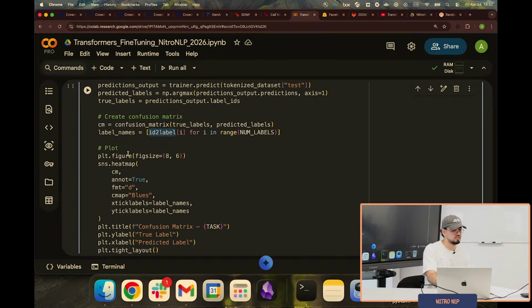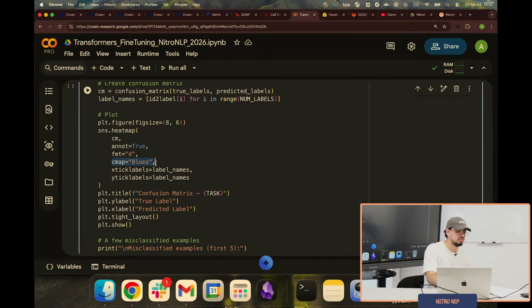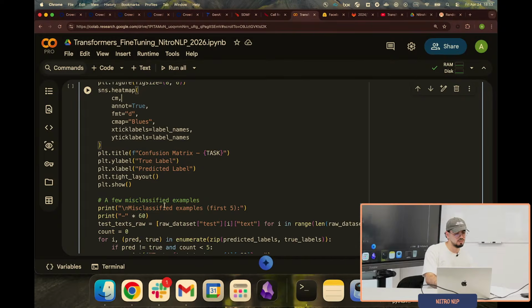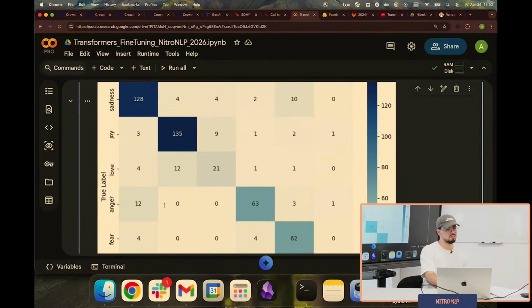We can plot the confusion matrix using Seaborn. Basically it's a heat map of the confusion matrix in a blue tone, and on the X axis we're going to have the label names, and on the Y axis we're also going to have the label names. How this looks is something like this.